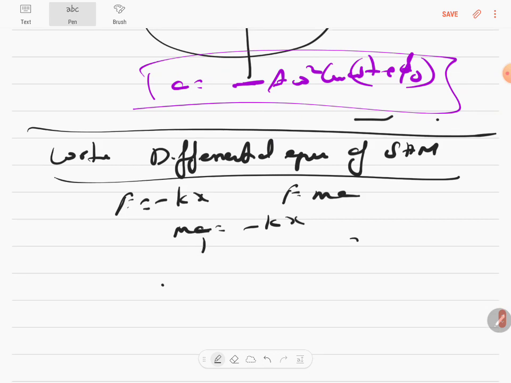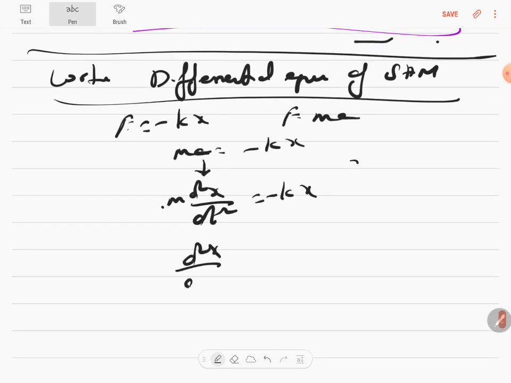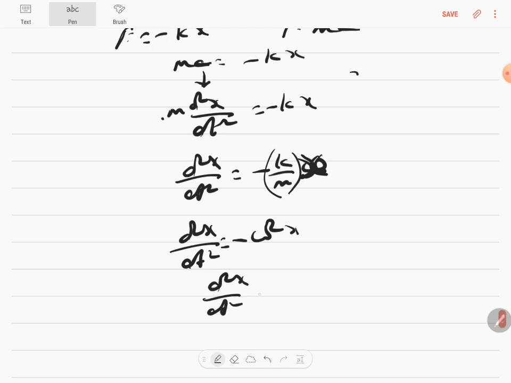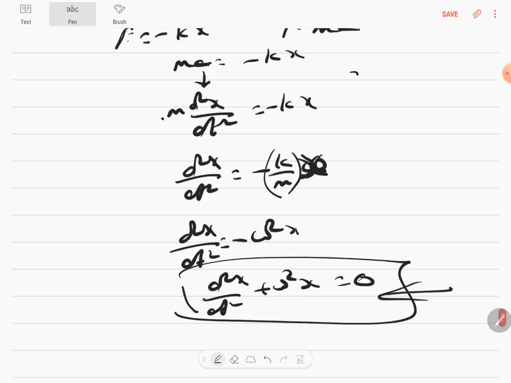But a is nothing but d square x by dt square, equal to minus kx. So d square x by dt square is equal to minus k by m into x. You already know k by m is nothing but omega square. So minus omega square x. So d square x by dt square plus omega square x is equal to 0. And this will be the differential equation.